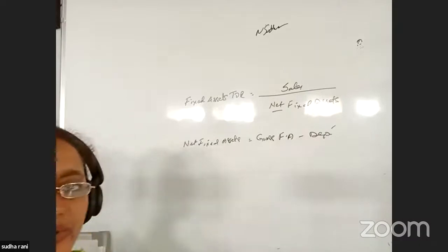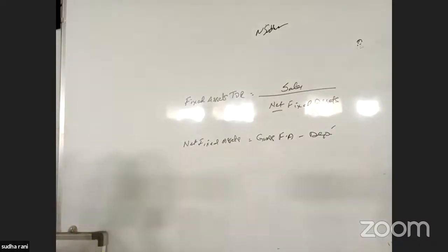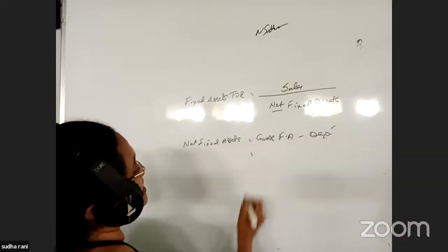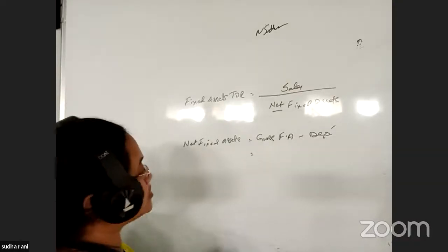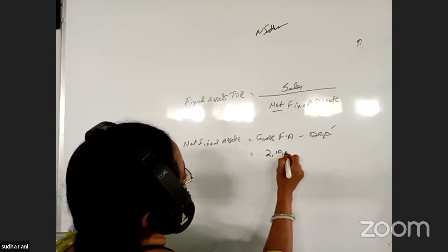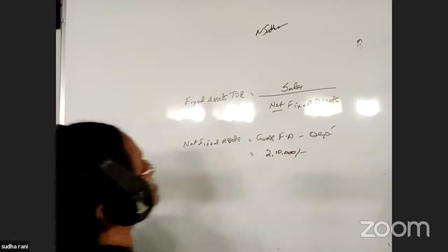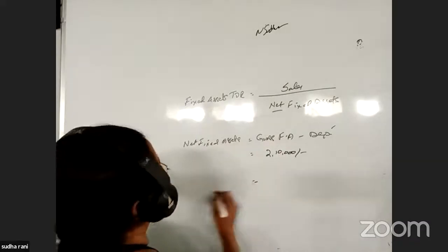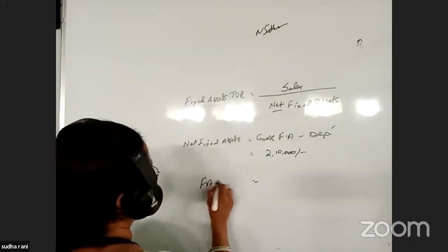Whatever you get, we say to be net fixed assets. Here net fixed assets are directly given to us in the question, 2,10,000. Sales is also given to us in the question. So what is the fixed assets turnover ratio?